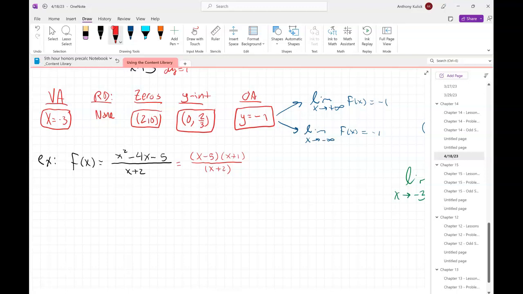Okay. The point of this, though, is that there's no reducing, which is great for us. So the vertical asymptote is at -2. The removable discontinuities: none. The zeros, okay.